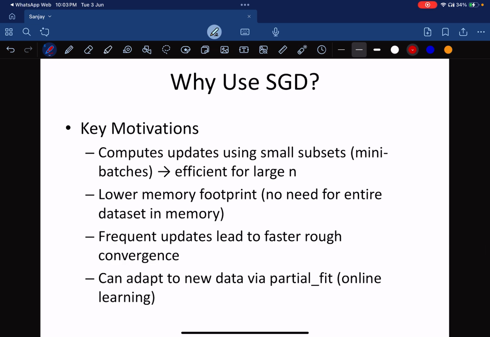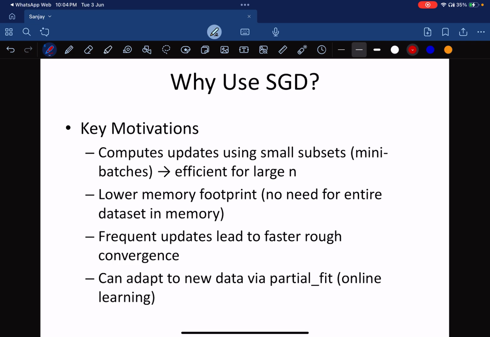Why do we use SGD? It computes the updates using a small subset of data, and it is efficient for a large data set. If your data set has lakhs of data points, it will only require a thousand or a hundred data points, and it has a lower memory footprint. In a large data set, we don't need to fully load the data set into memory, so we only need a small data set to train the model, and it can adapt to new data based on the trained model, using partial fit.